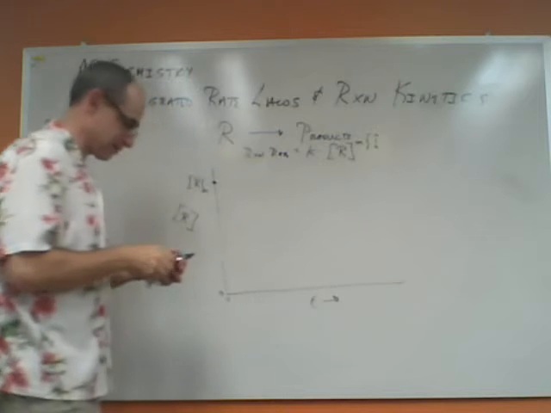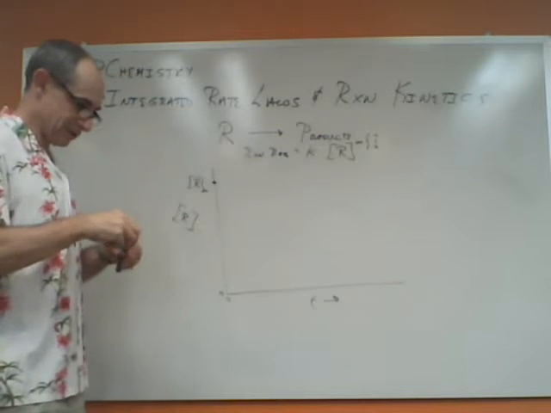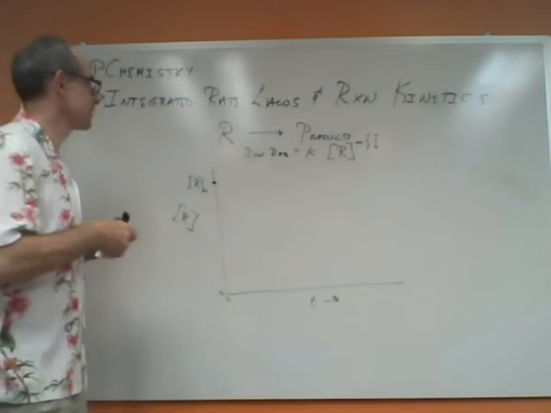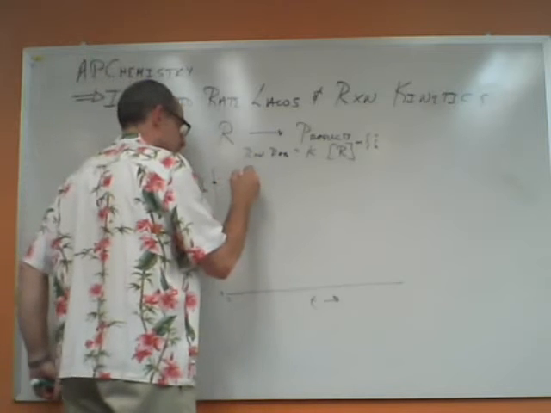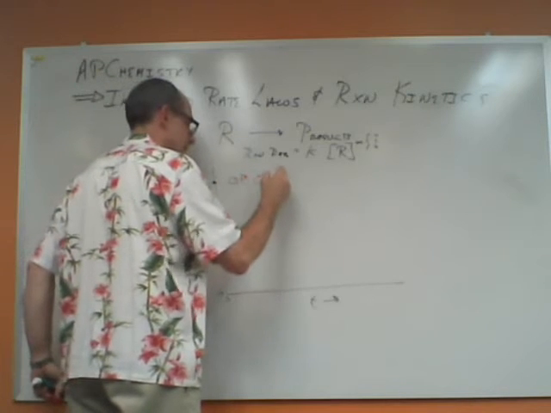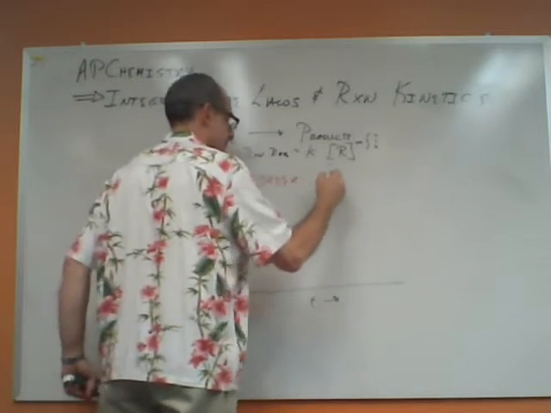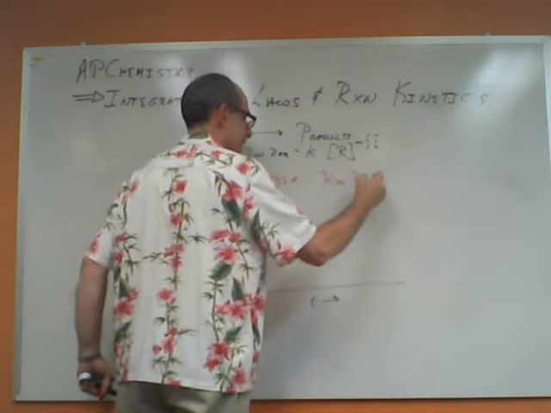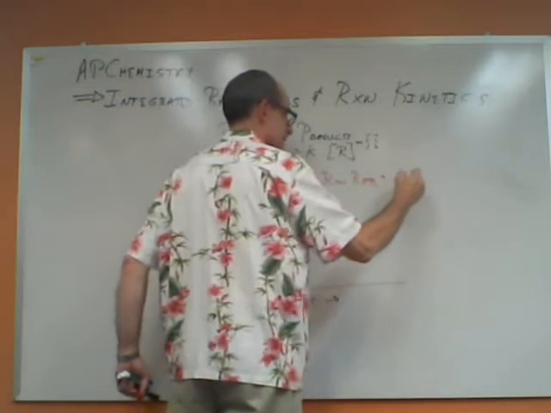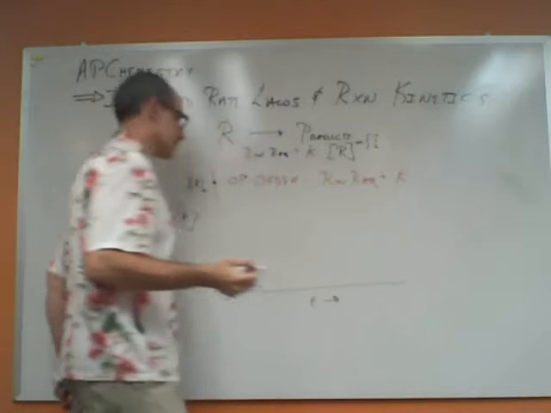So for a 0th order reaction, and let me color code this a little bit for you, the reaction rate is just K times 1, and I'll just leave out the 1.